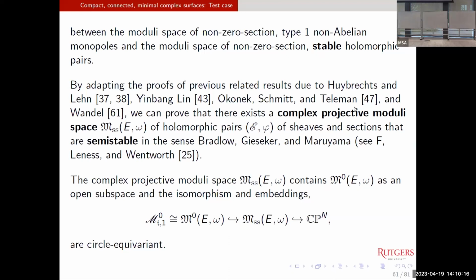There was Michael Thaddeus's thesis in the mid-1990s, work of Bradlow, earlier Oscar Garcia-Prada, and then in particular by Huybrechts and Lehn in the mid-1990s on constructing moduli spaces of holomorphic pairs, so-called semi-stable pairs.